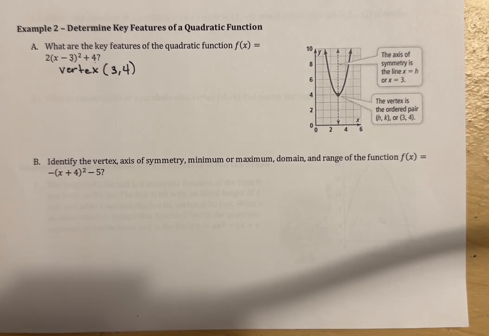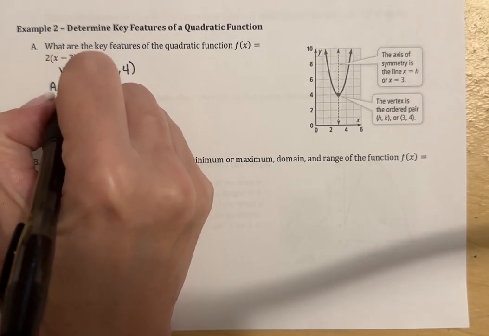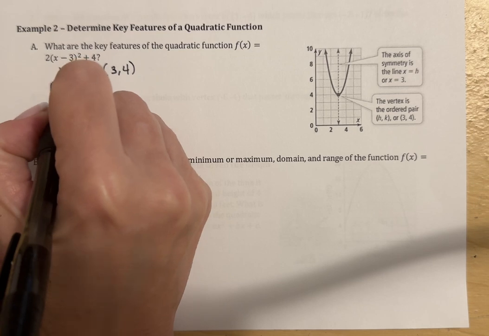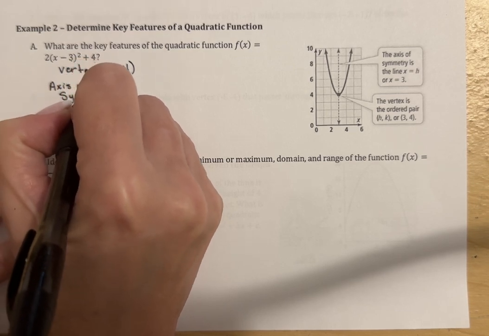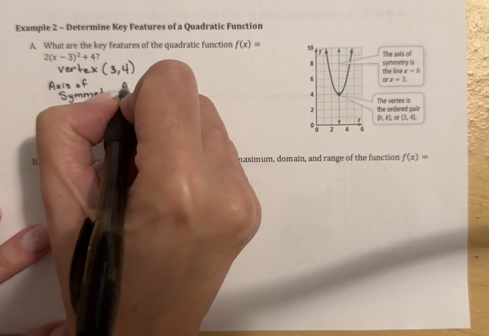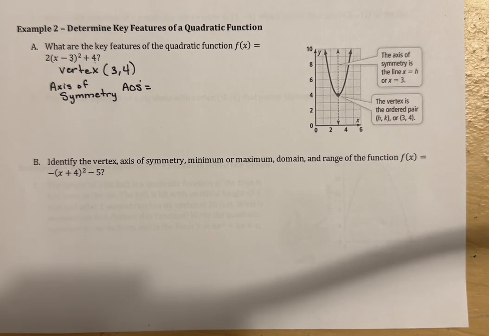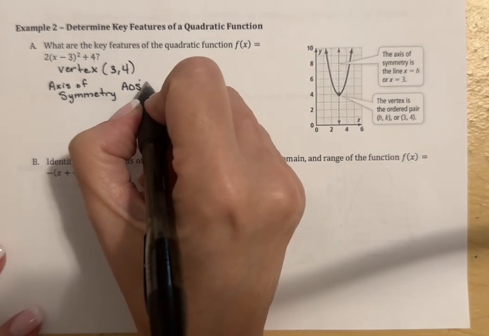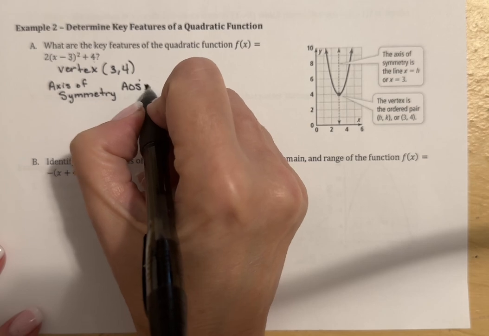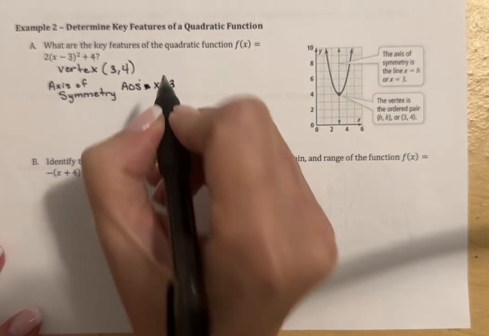Now, your axis of symmetry, and I'm going to write AOS for that, is always equal to the x coordinate of the vertex. So when you write it out, I'm sorry I put the equal sign there, that's not a good way to write that. You should write x equals 3.